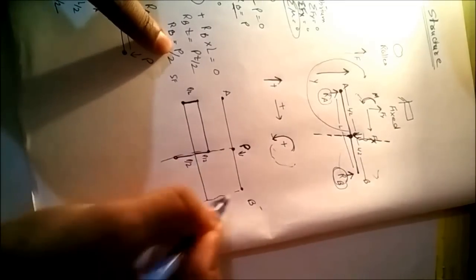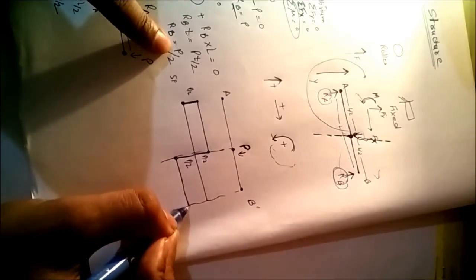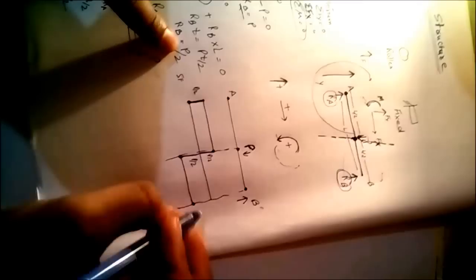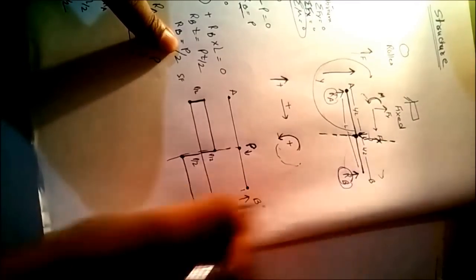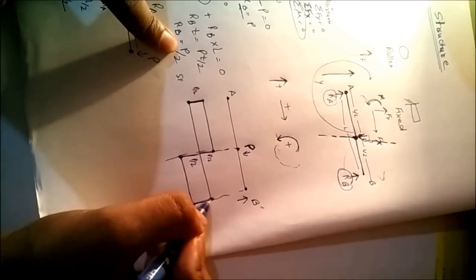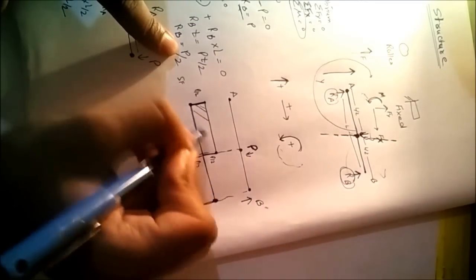Now till B we have no other force, so it is a straight line, but at B we have again a force in the upward direction, that is P by 2, so the shear force returns to zero. This is the shear force diagram.